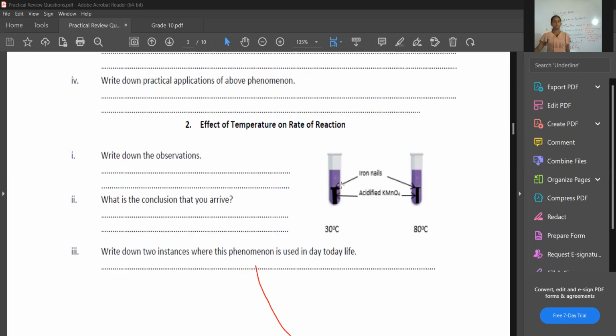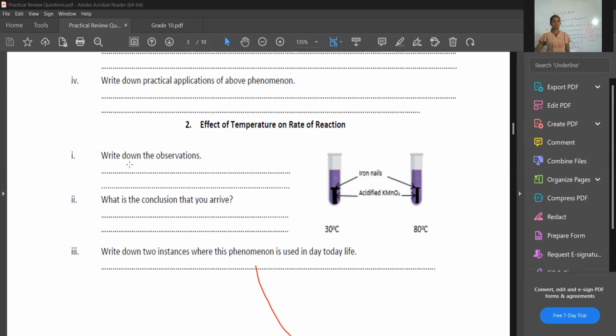Then we put an iron nail of equal size in the two test tubes, one at 30 Celsius and the other at 80 Celsius. To make one solution hot, we can use boiled water. Write down the observation.